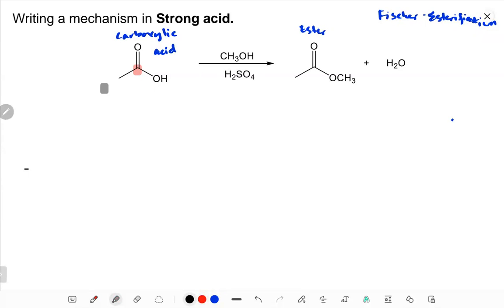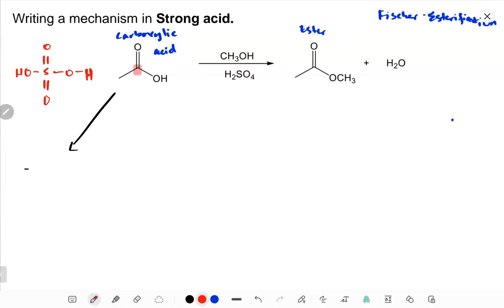Well, remember that you have a strong acid, which is H2SO4. For example, I write here the Lewis structure of H2SO4. So this is the Lewis structure, and the acid will act as a proton source.